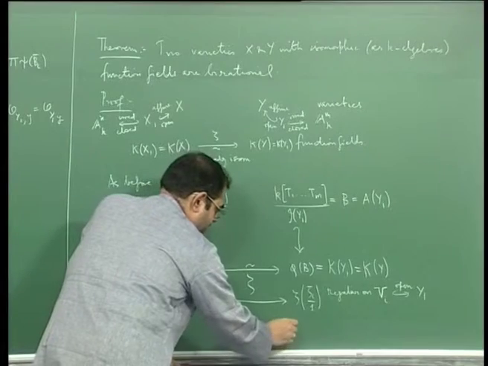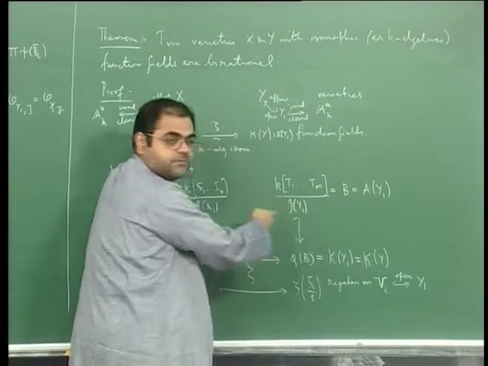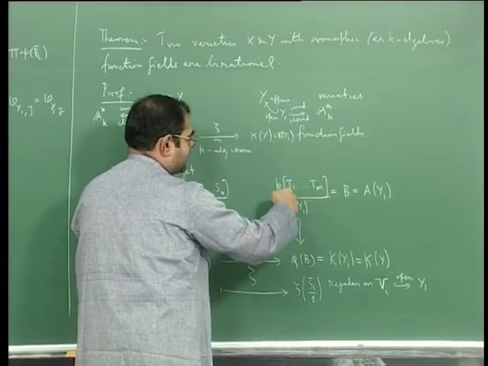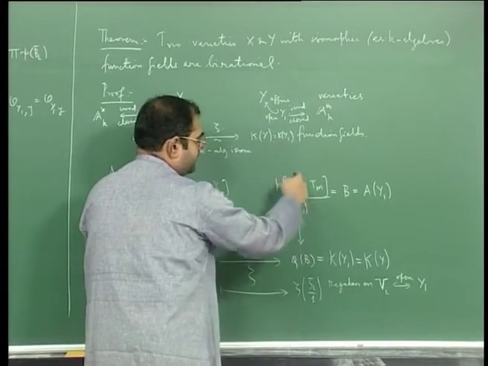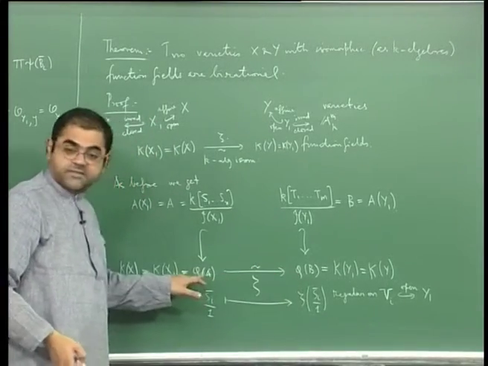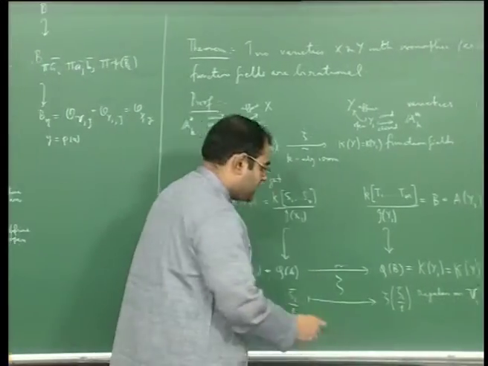I can also look at the t's. The tj's are all coordinate functions here, and their images in B will be the tj bars, and then you take their images in the quotient field, followed by zeta inverse, and I am going to get rational functions on this side, okay. So the same argument applies.